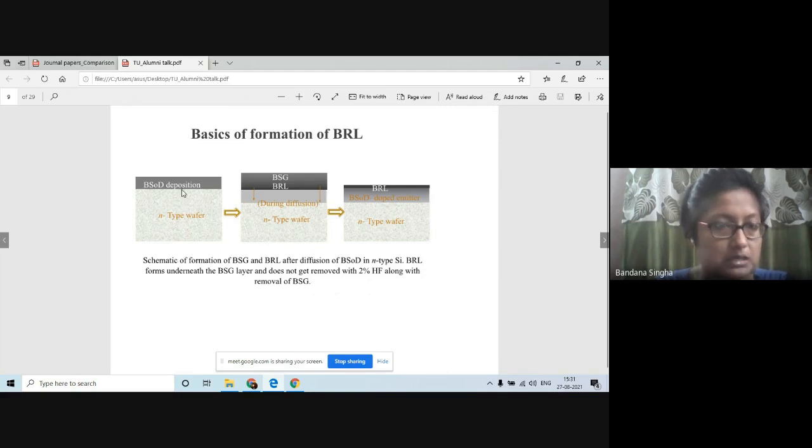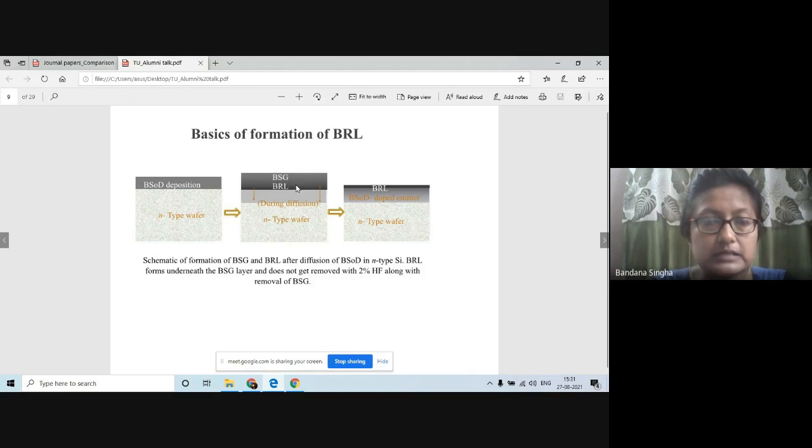Suppose we have used some dopant source, it can be a spin-on dopant or a boron dopant, whatever it is, that is there on the surface. During the diffusion process it results in silicon dioxide, and some part of it reacts with boron to result in a borosilicate glass layer. Beneath this borosilicate glass layer, these precipitates are there that we call the boron rich layer.